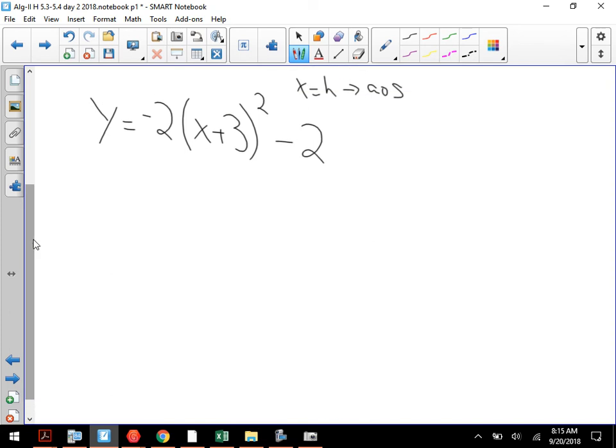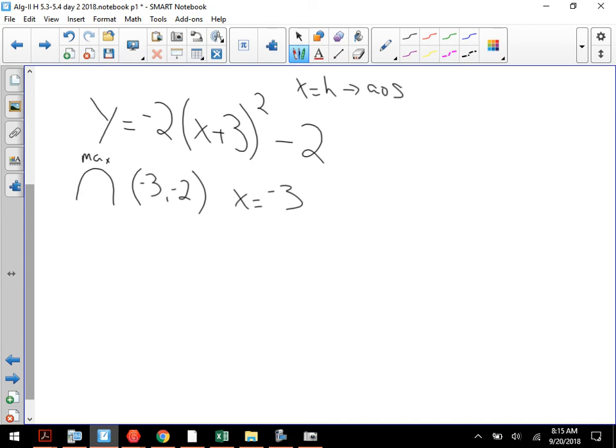What direction is this going? Down like a frown. That means it's a maximum. So right off the bat, we know it's down as a maximum. Where is the vertex? -3, -2. Very good. What's your axis of symmetry? -3.